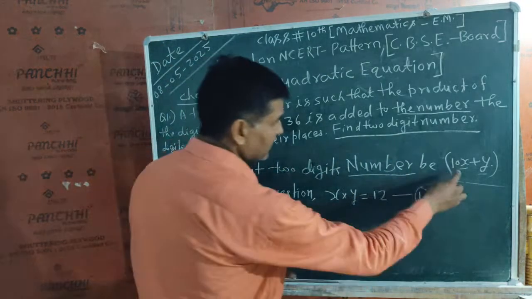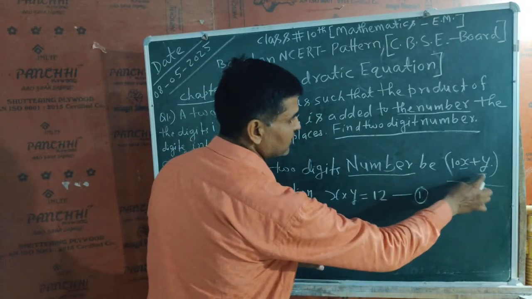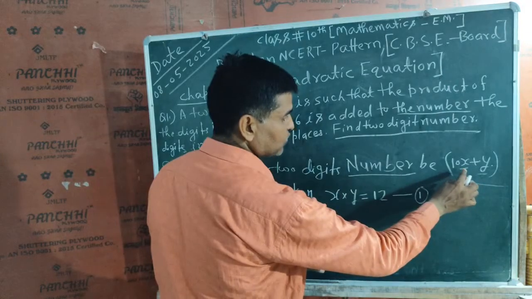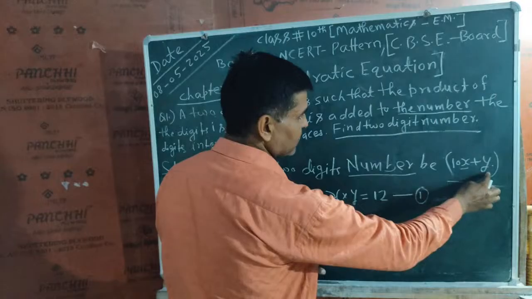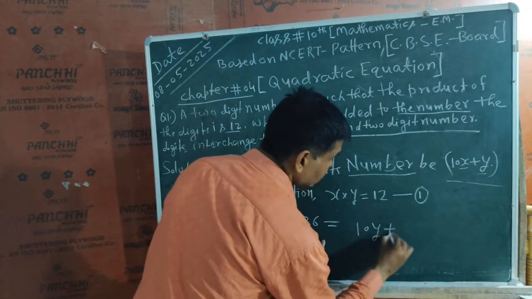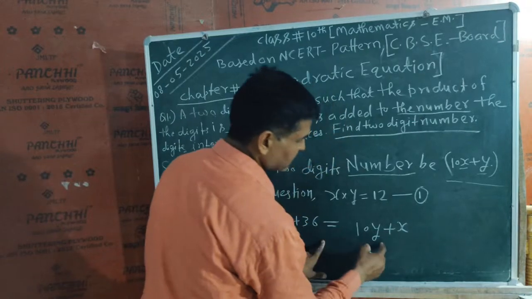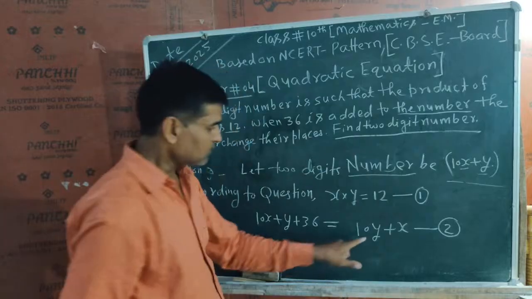Now the digits are going to interchange. In other words, in the place of x I have to write y, and in the place of y I have to write x. It means 10x plus y plus 36 will be equal to 10y plus x.